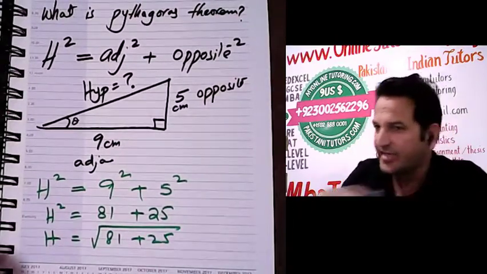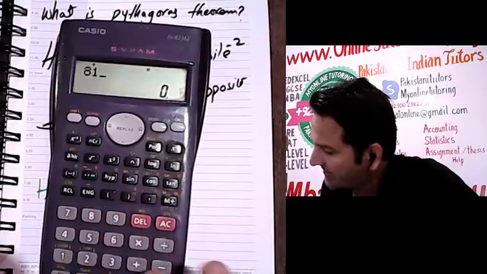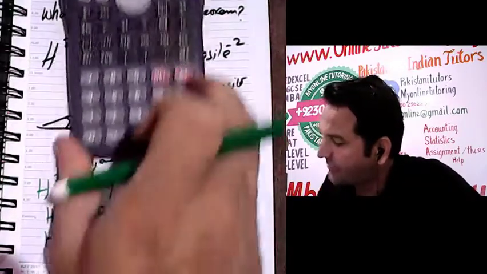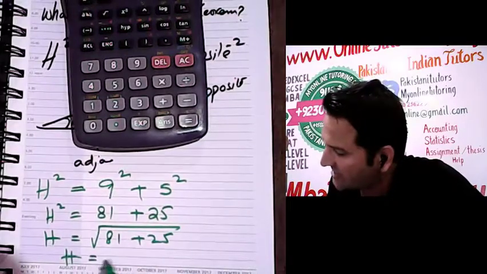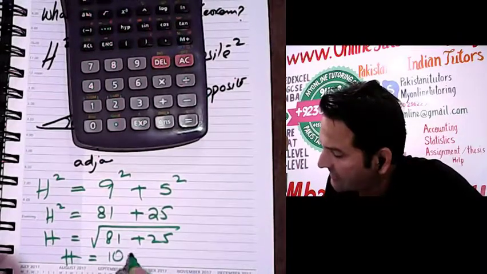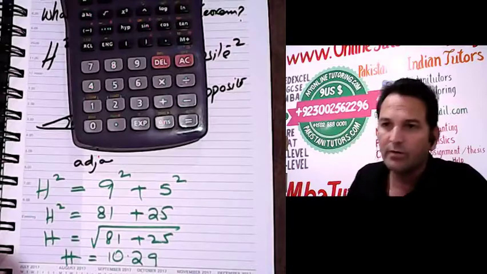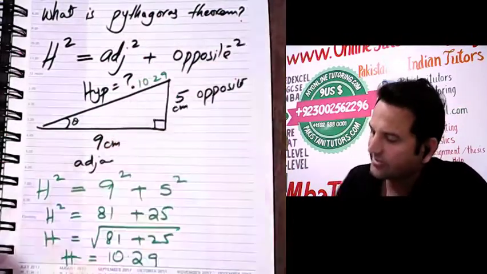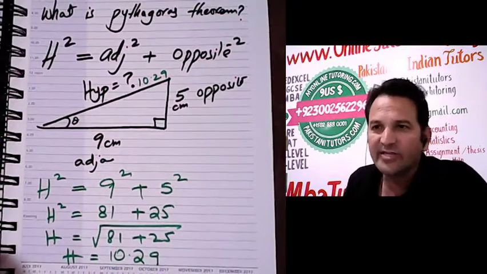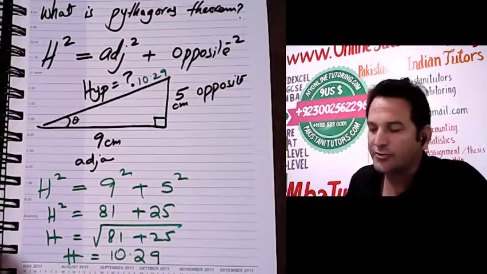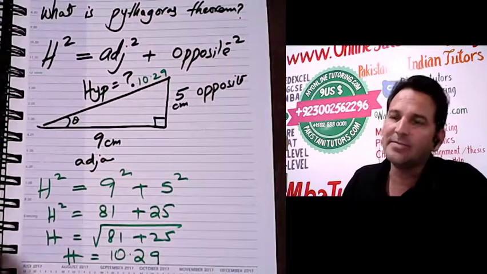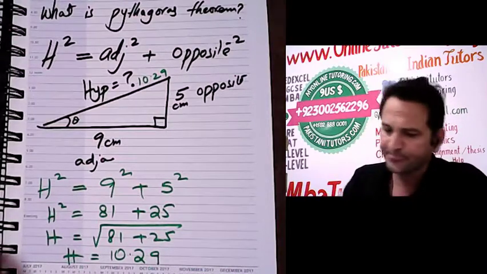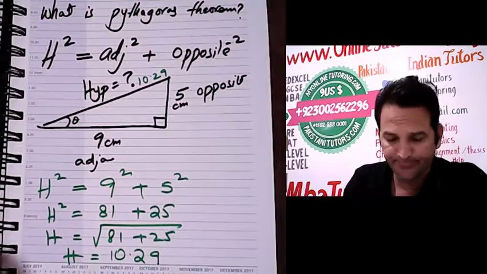Now let me use the calculator. 81 plus 25 will be 106, and the root of 106 will be 10.29. So H is equal to 10.29. So Pythagoras theorem can be used to find any missing side of a triangle. Clear? I hope this is clear.